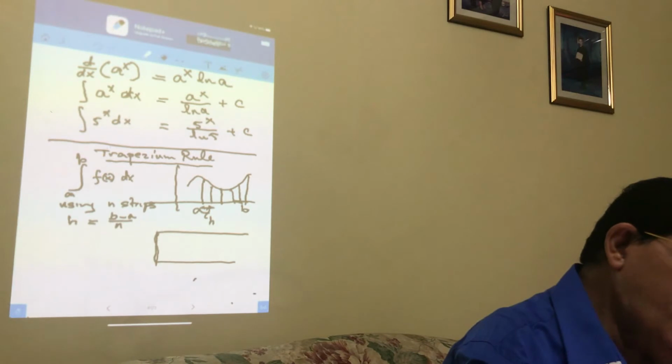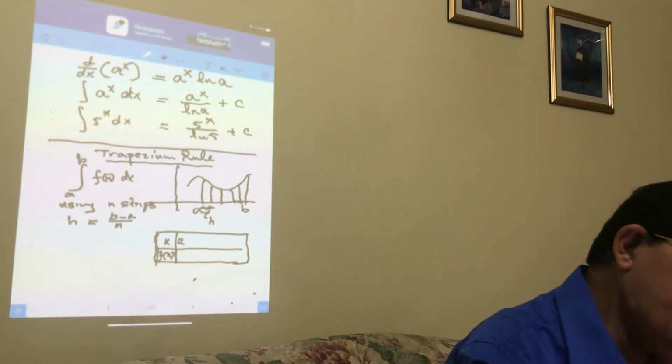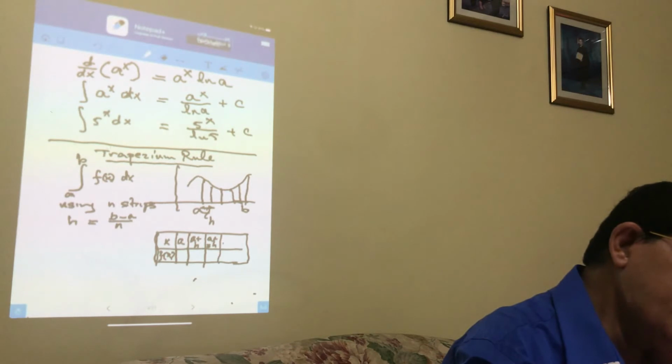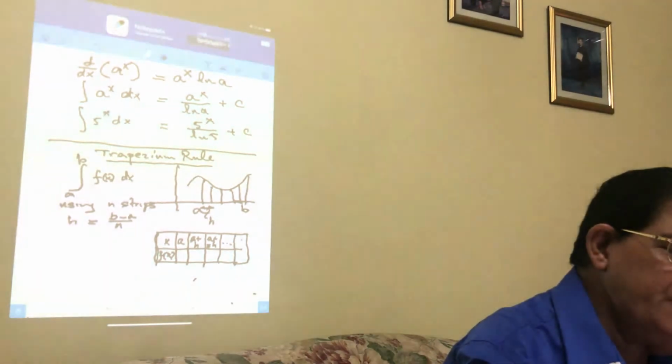In this table, we are going to put values of x and f of x. We start with x equal a. The next value is a plus h. The next value of x is a plus 2h, and so on, until the last value, b.